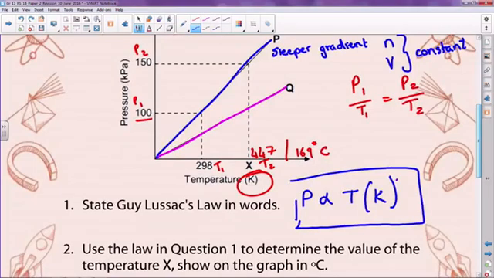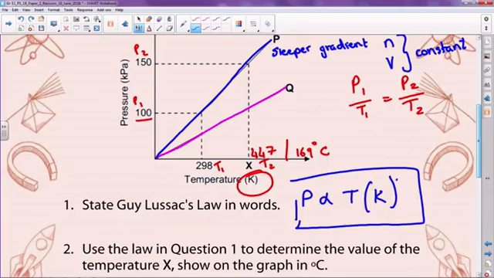What do you think graph P would actually be? Hopefully you're saying now that graph P might be an example of an ideal gas, and graph Q would be an example of a real gas.